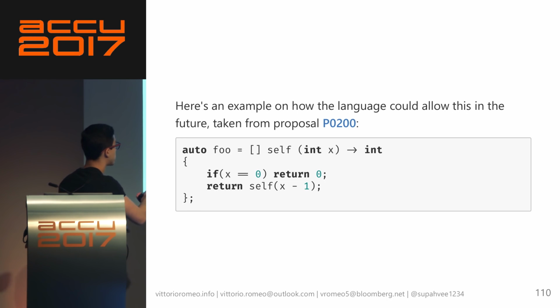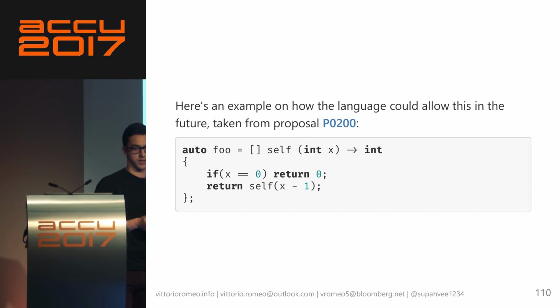You might be able to specify an identifier between the capture list and the argument list, and then use the identifier inside the body to refer to the current closure. So this is a generalization of the this keyword that you can give a name, and it will refer to the current instantiation of the lambda expression. I hope that makes sense.